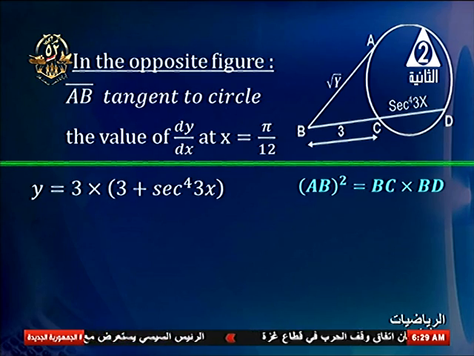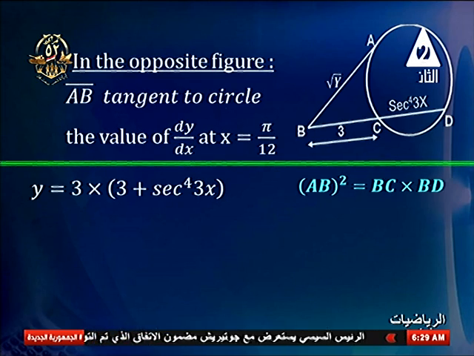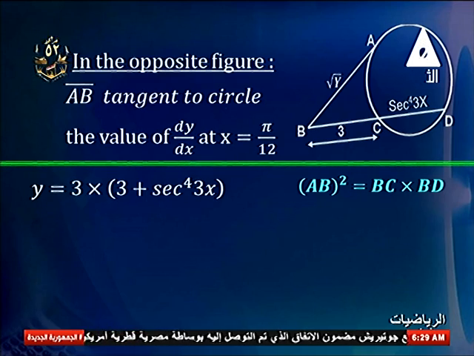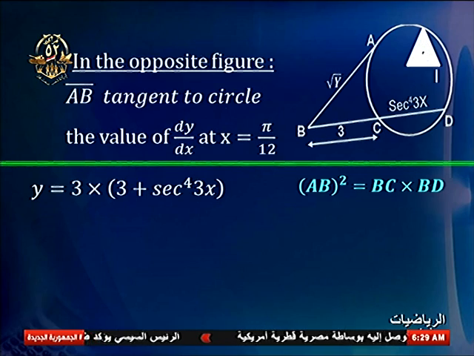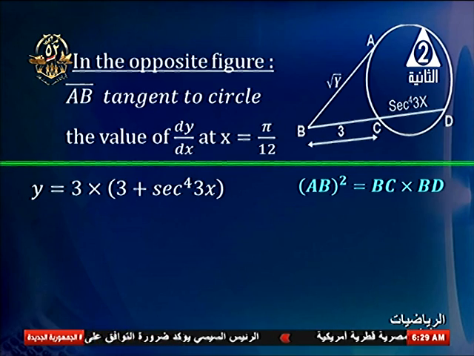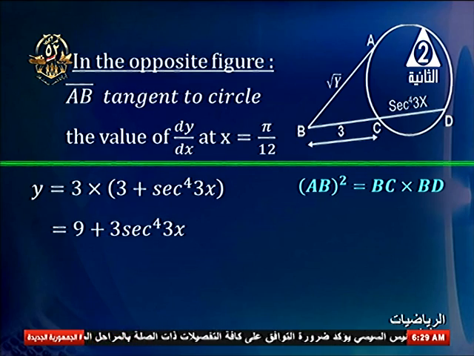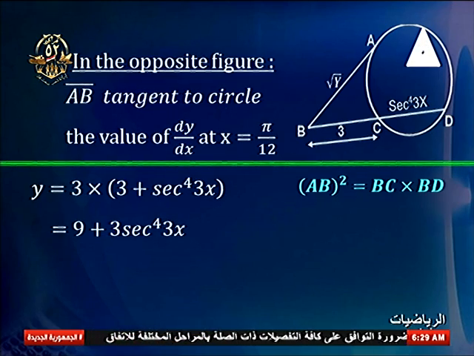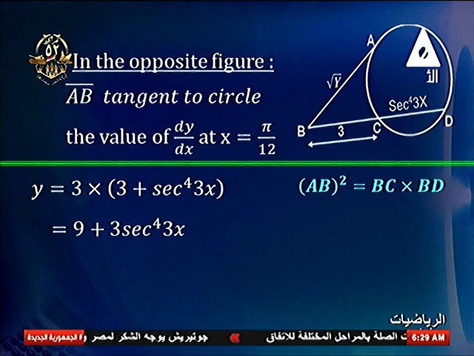AB squared equals BC times BD. Then y equals 3 multiply 3 plus sec power 4 of 3x. What is the first derivative dy over dx? Before that, we expand: 3 times 3 is 9 plus 3 sec power 4 of 3x.